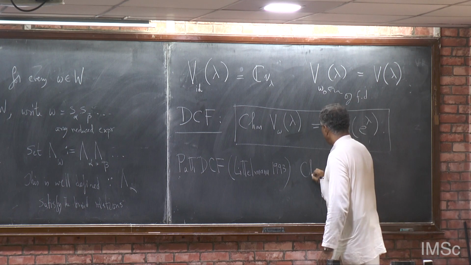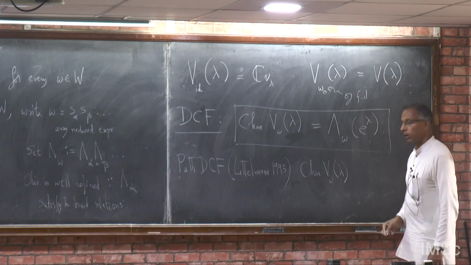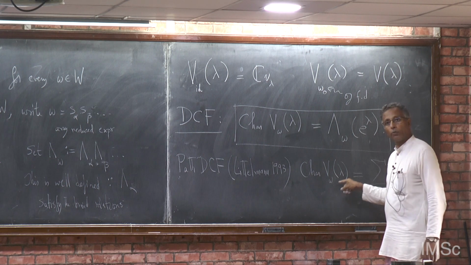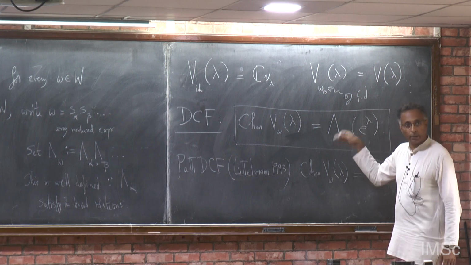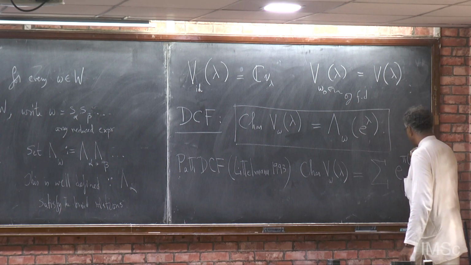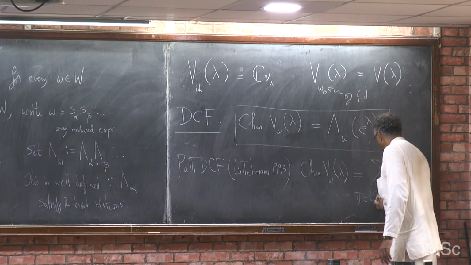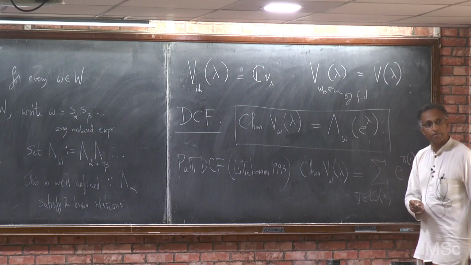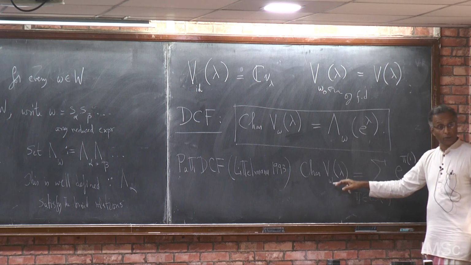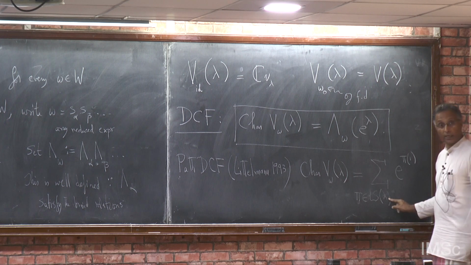It says the character of V_{w lambda} is equal to, if this was w naught, I would take all LS paths and all their endpoints. So if I don't write anything else, I will get the whole character without the w. Since I have put a w here, I have to restrict this set.